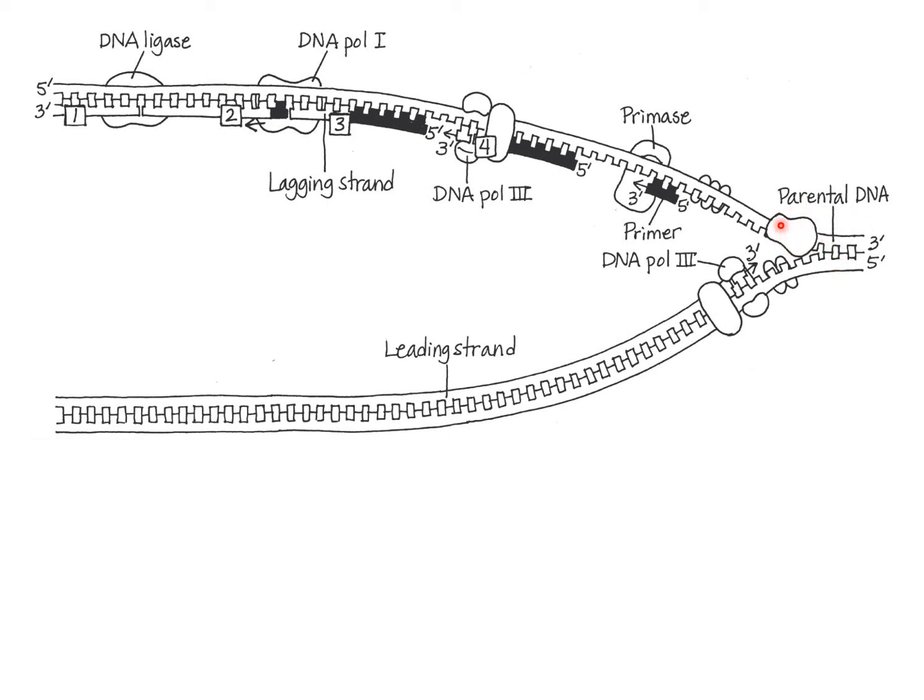The helicase here is melting the DNA, separating the two DNA strands. Single-stranded binding proteins are holding those strands open so they don't reanneal behind the helicase. Topoisomerase out here. DNA polymerase III reading 3' to 5', synthesizing 5' to 3' DNA.